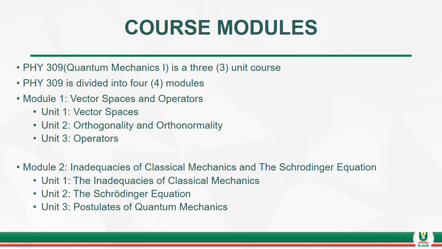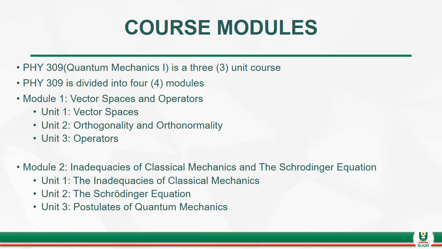in the inadequacies of classical mechanics and the Schrödinger equation. The units included consist of the inadequacies of classical mechanics as a unit, the Schrödinger equation, and the postulates of quantum mechanics.